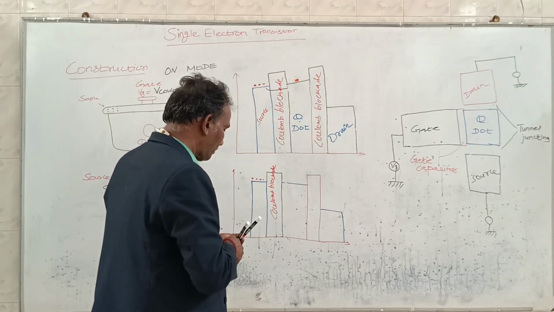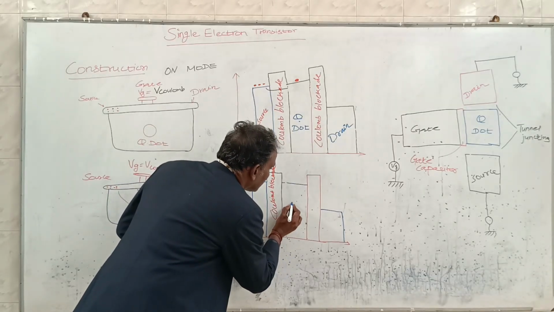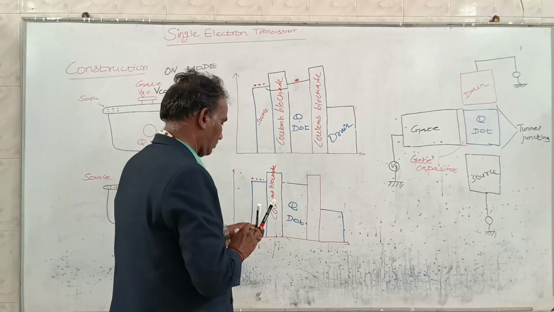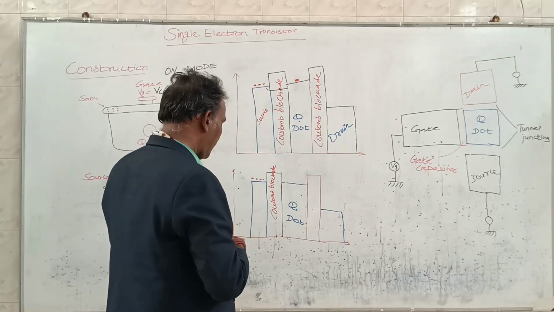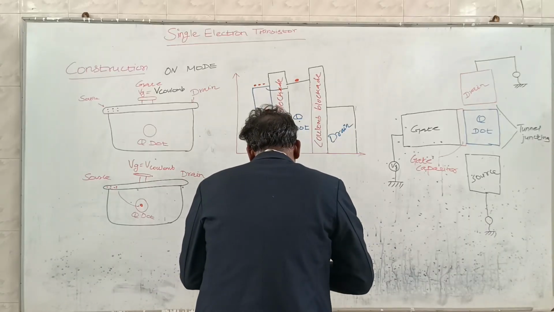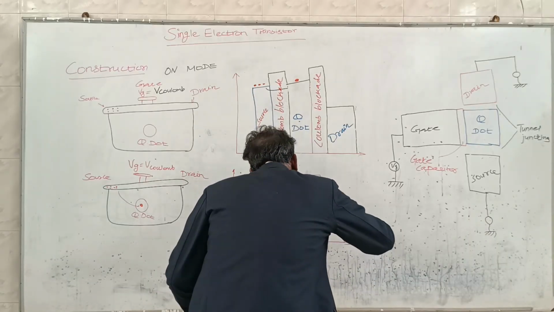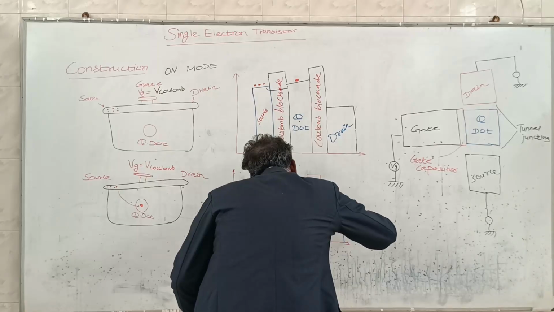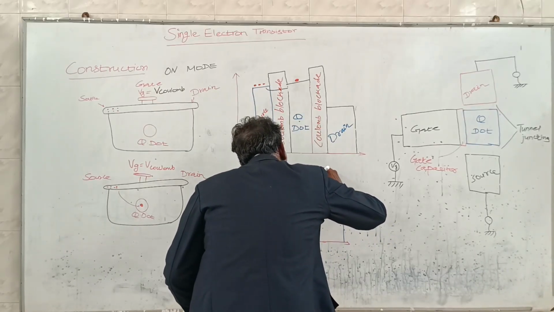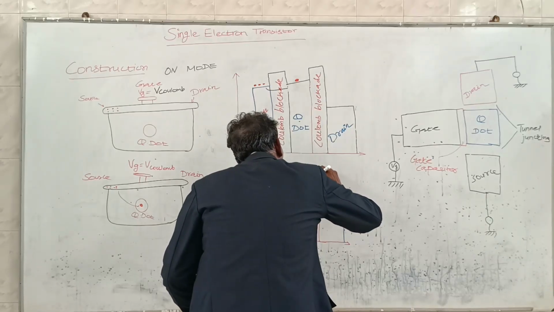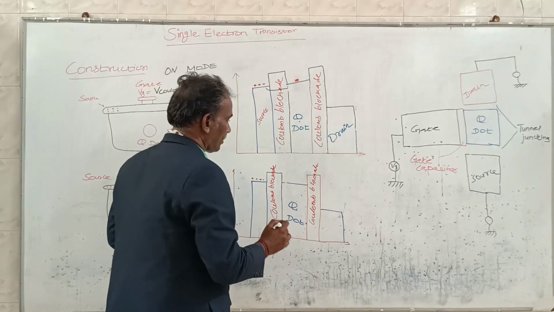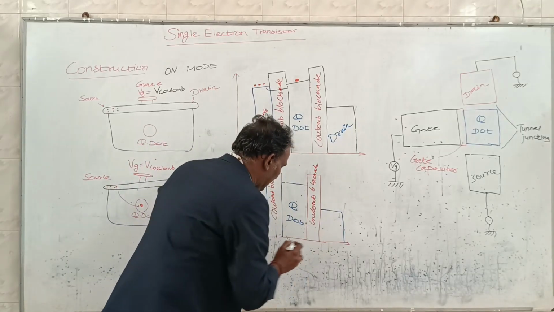Then we have the quantum dot. Then we have one more Coulomb blockade. Finally, we have a drain.